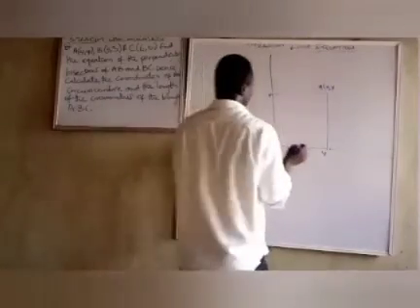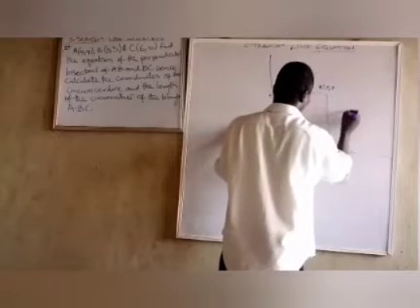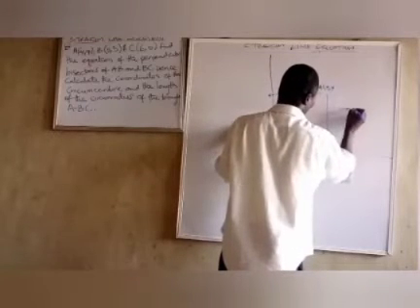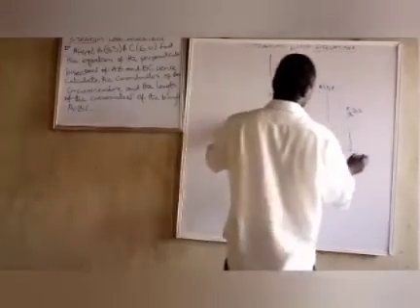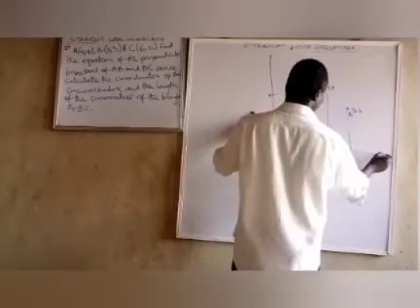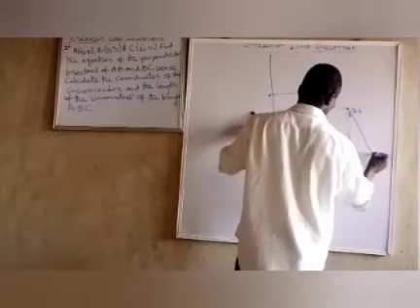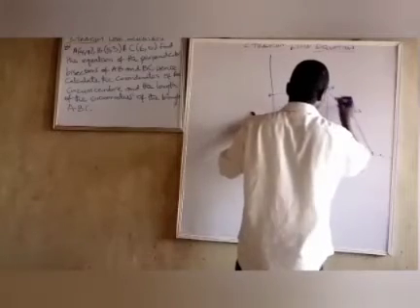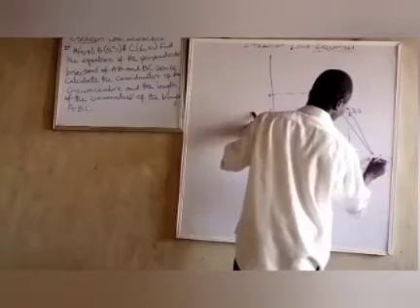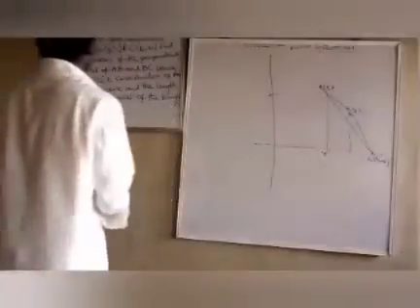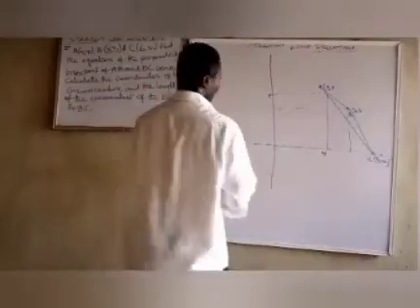The next one is 5, 3. And the third one is 6, 0. So we have it like this. Now, it's asking us to find the perpendicular bisectors of AB and BC.